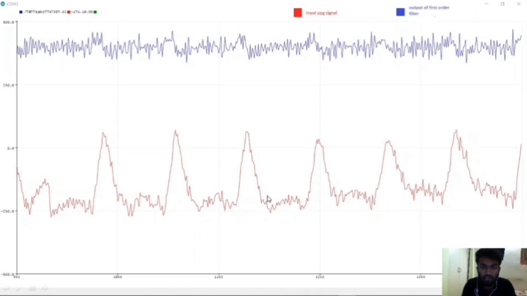This is the input PPG signal which is given to us, and this is the output of the first order filter. We can see the low frequencies are removed from this filter as it is a high pass filter.